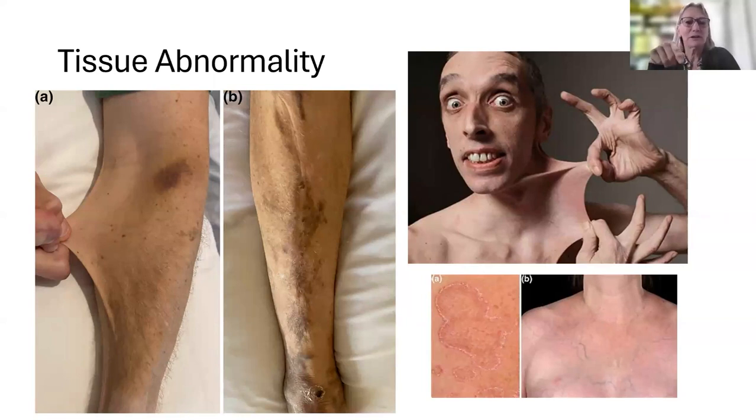And you'll see on the next picture what I was talking about, the hematomas, the bruise-like marks that develop on shins and elbows and forearms. And on the right-hand side of the screen, in the bottom corner, you'll see that very thin skin. You can see the blood vessels under the skin there, which is very typical of the vascular EDS.